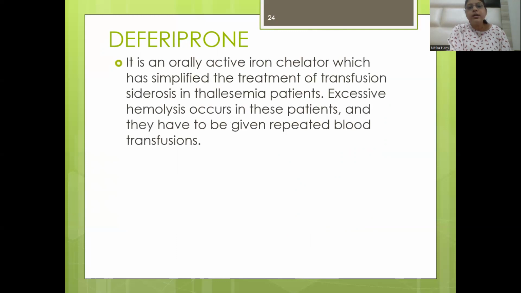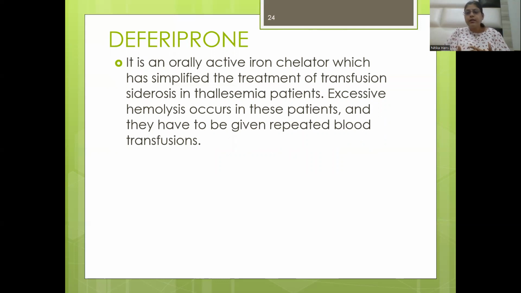Deferiprone is an orally active iron chelator, used for transfusion cirrhosis in thalassemia patients. Excessive hemolysis can occur in these patients, and they have to be given repeated blood transfusions.